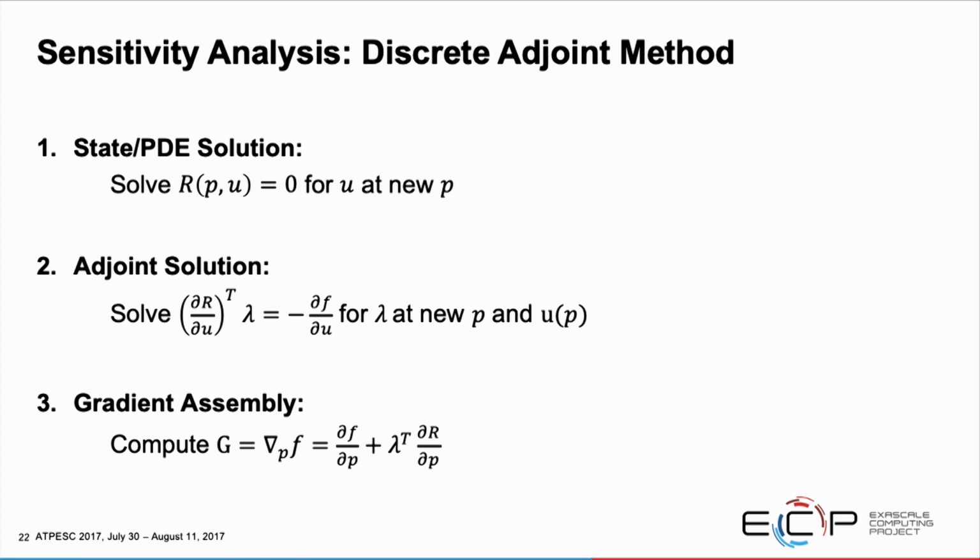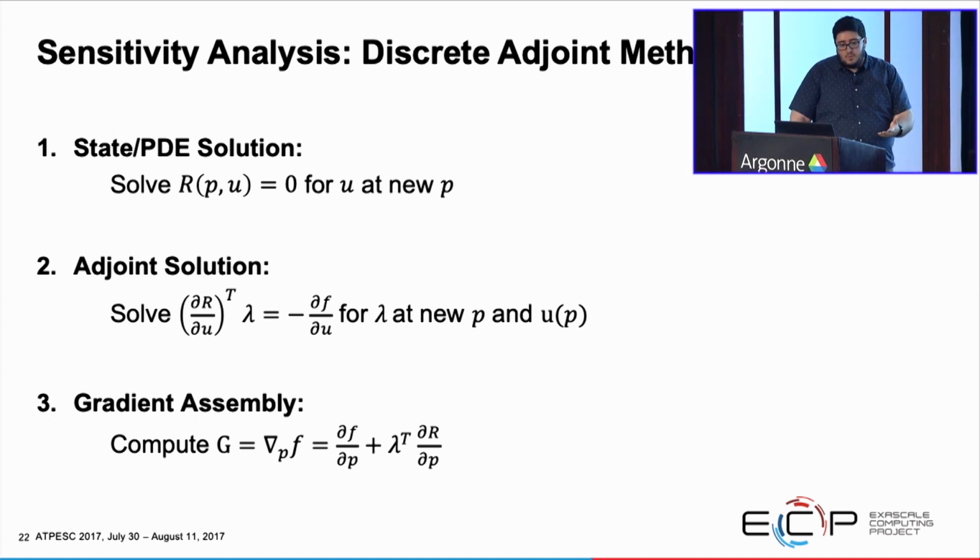And then that gives us the PDE states at that point. We linearize this adjoint problem, that's equation number 2, at that point and solve for the lambda terms. Those are the Lagrange multipliers. And then we go back and plug into equation number 1. That gets us the gradient.